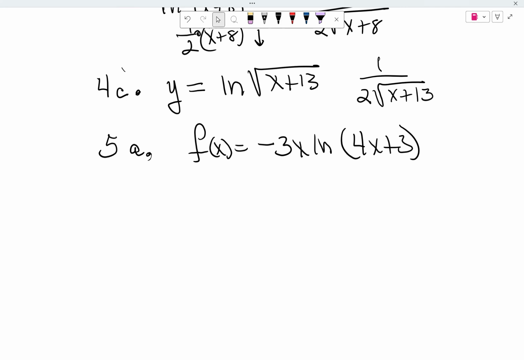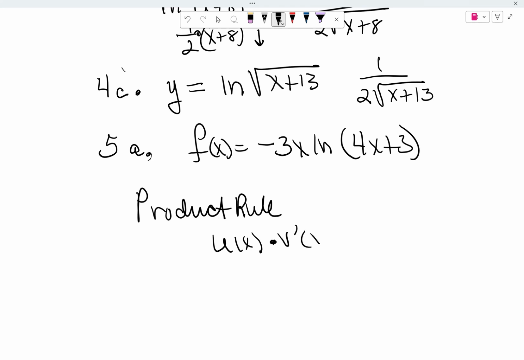Okay, so on this one, you remember the product rule again. I need a u of x, I'm going to multiply that times the first derivative of the v of x, plus the v of x, and that times the first derivative of the u of x.